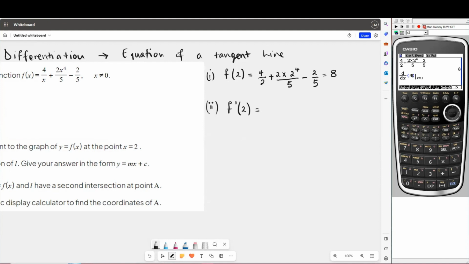So remember, your function is 4 over x plus 2 times x to the power of 4 over 5 minus 2 over 5.